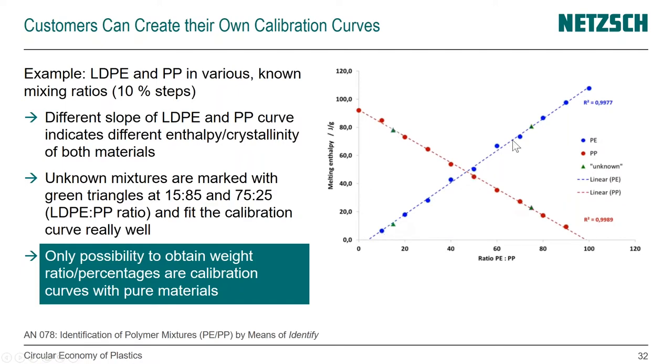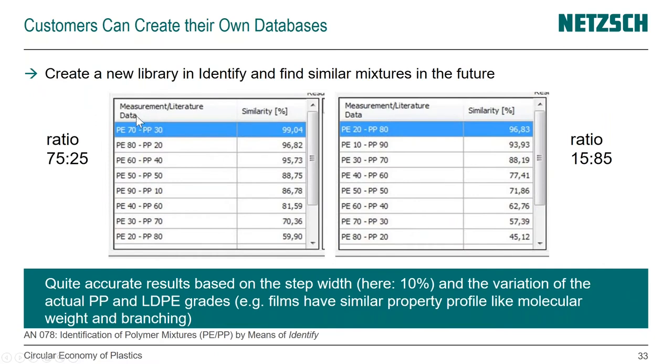And not only can you plot this like this, but you can also generate your own database. So you could make your calibration measurements, and then you save the different mixtures with a nomenclature that works for you. So for example, PE70, PP30, PE80, PP20, that always gives the ratio.